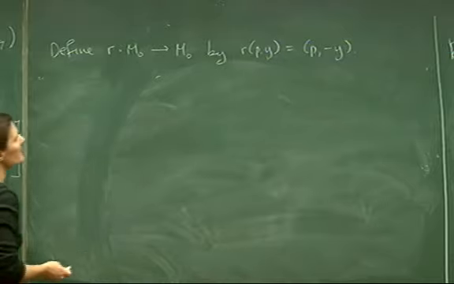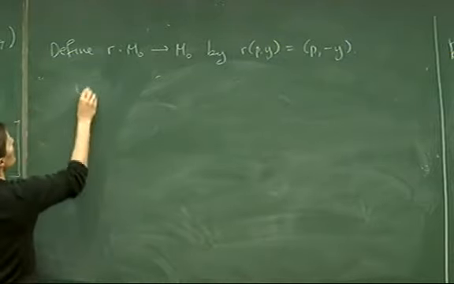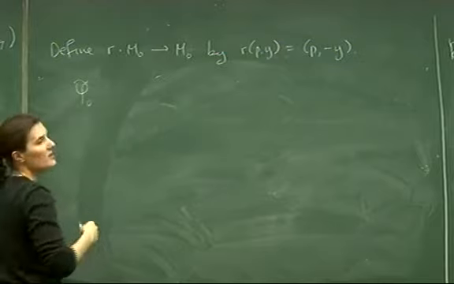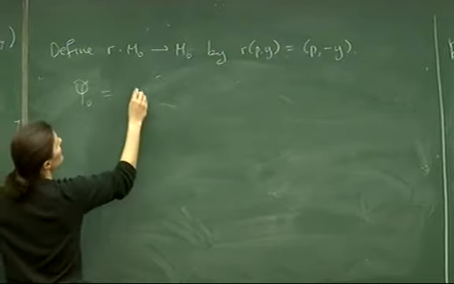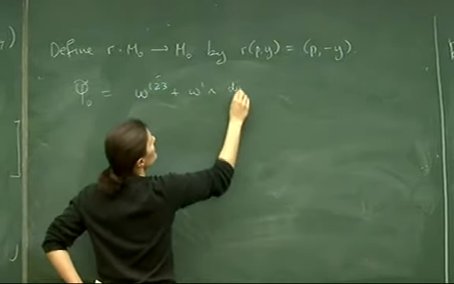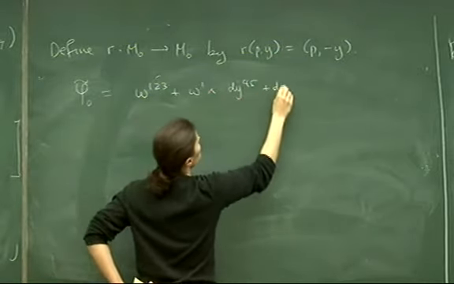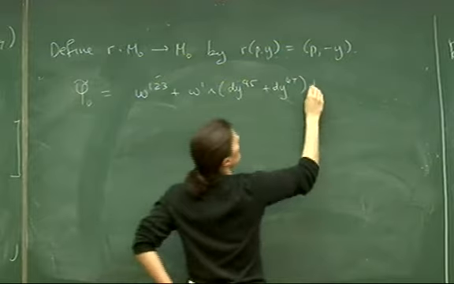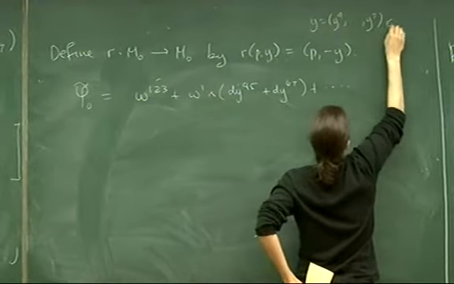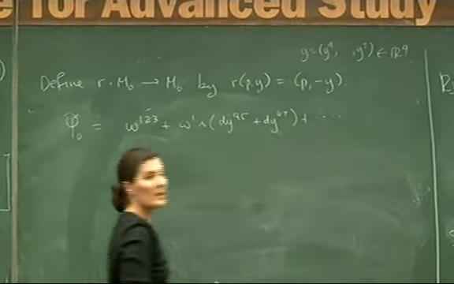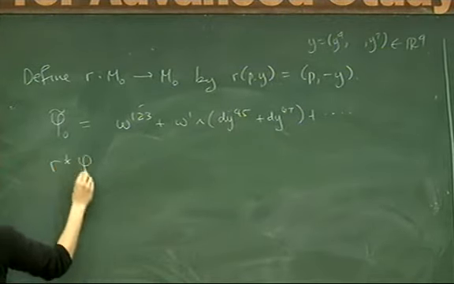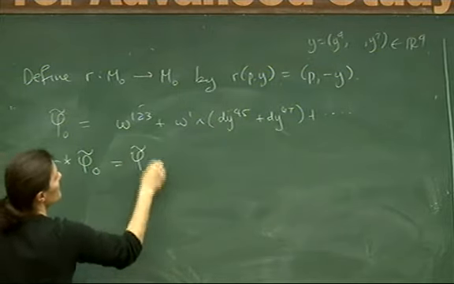It certainly squares to the identity. And if you look at phi down here on M, let's call it phi tilde naught on M, it looks exactly like the original phi naught, but instead we have omega 1, 2, 3 plus omega 1 wedge dy 4, 5 plus dy 6, 7, and so on, where my coordinates y start at 4 in R4. Okay, just like the original definition of phi naught. And it's easy to check that R star phi naught is phi tilde naught.